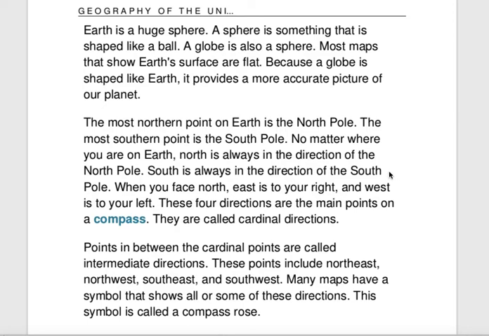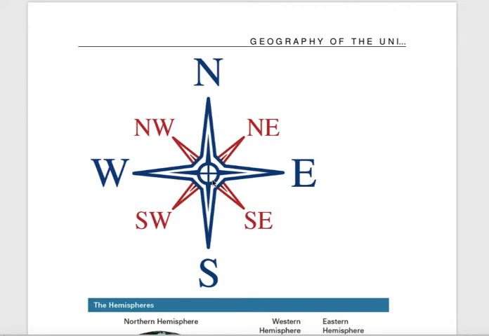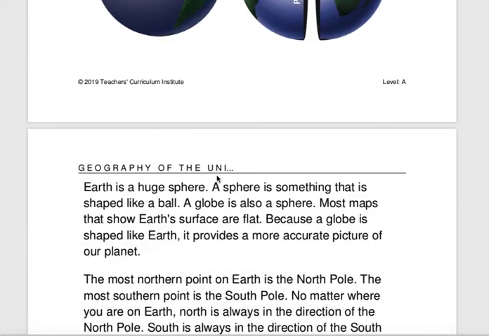South is always in the direction of the South Pole. When you face north, east is to the right and west is to your left. These 4 directions are the main points on a compass. They are called the cardinal directions. So as I was saying before, these are the cardinal directions, north, south, east and west. And these are the intermediate directions, getting a little bit more specific.